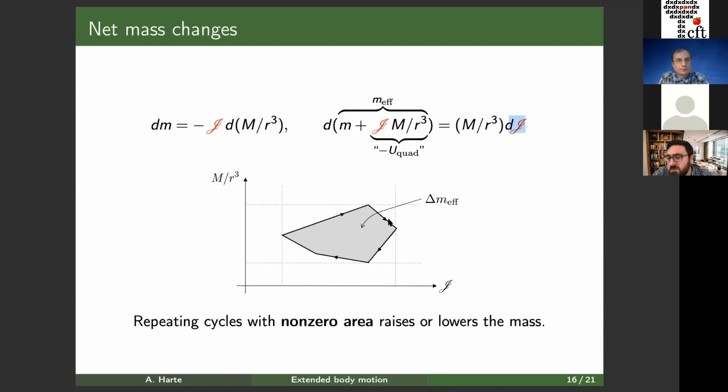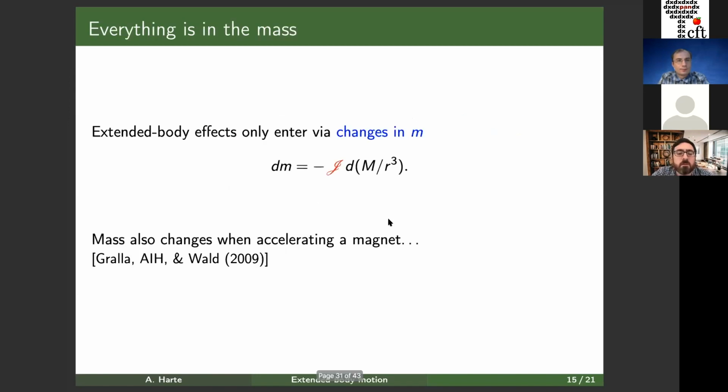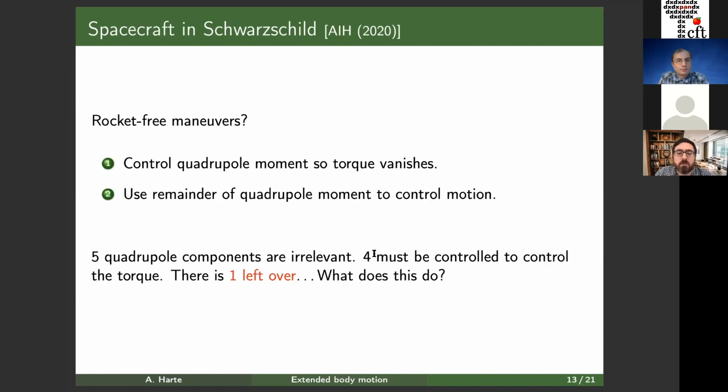Again, once you lift the torque-free assumption, then you have 5 parameters in total that you can play with.